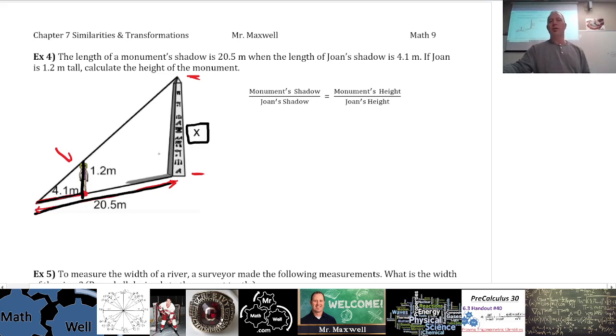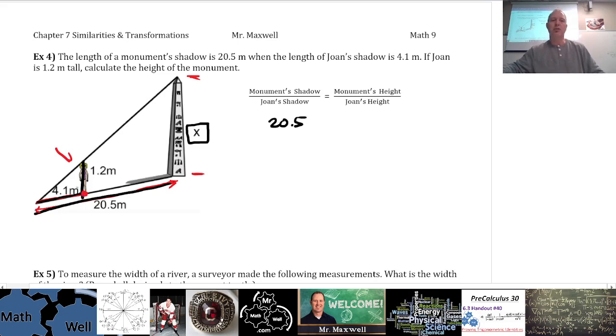So we're going to use all these numbers in a simple ratio, just like we've been doing. And the great idea is to use the corresponding parts of the similar triangles as a ratio. For example, the monument's shadow divided by Joan's shadow would be a great place to start for setting up this proportion, or these equal ratios. So the monument shadow is 20.5.